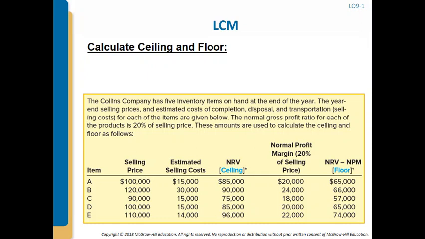And then from the NRV, you take out normal profit margin. In this particular instance, it's 20% of the selling price. And so for each one of these items, that gets deducted from the NRV. And so the NRV minus the normal profit margin creates the floor, which is this last column.